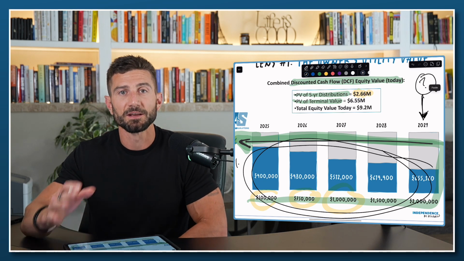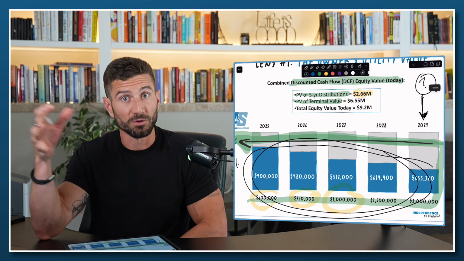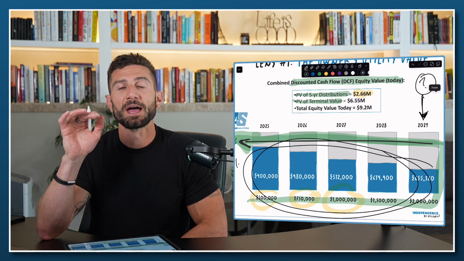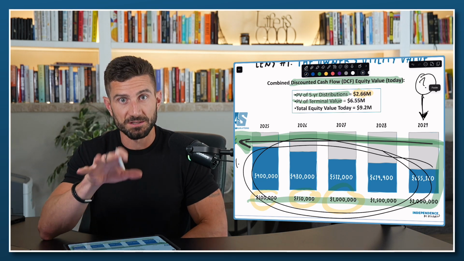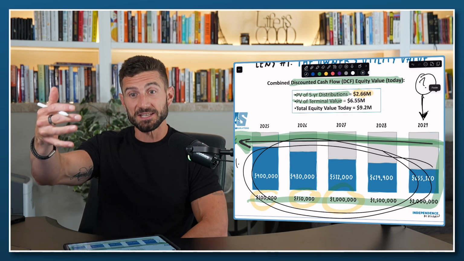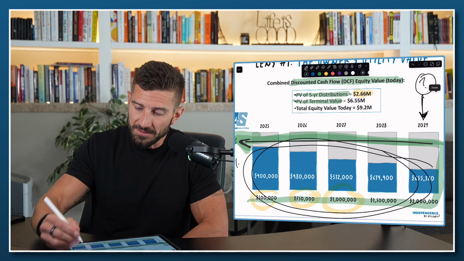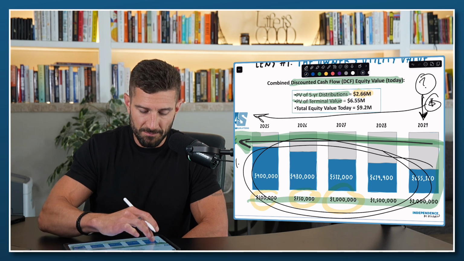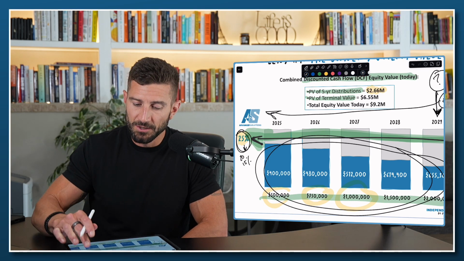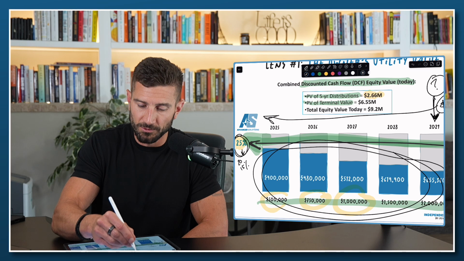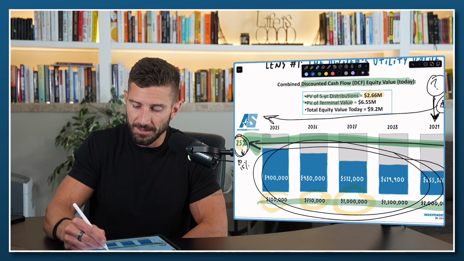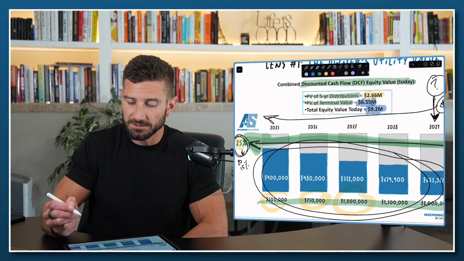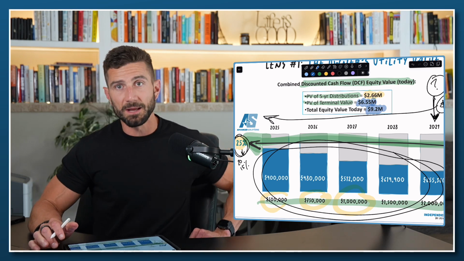That's where we take the multiple of earnings. We're going to take the multiple, which we're going to get into in this video, as well as the earnings, which is that normalized EBITDA. And then we would discount all of that dollar amount to today based on that discount rate. So that's where we get this total of 9.2 million bucks, because we took the 2.66 plus the 6.55 equaling the 9.2.